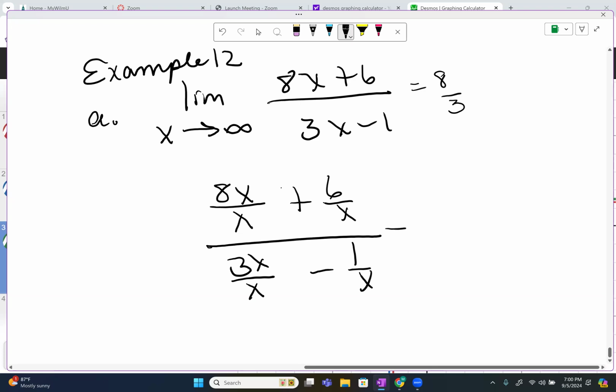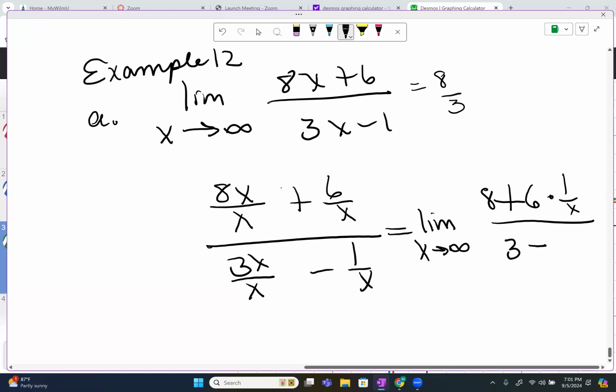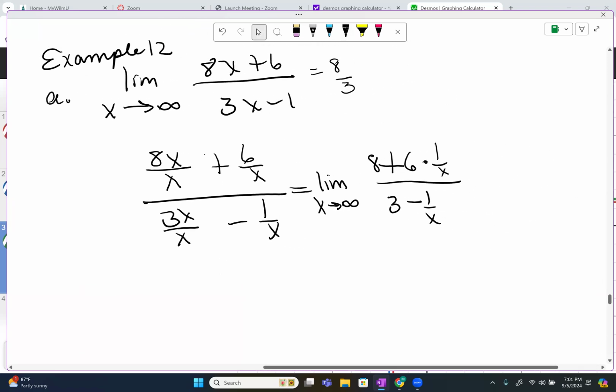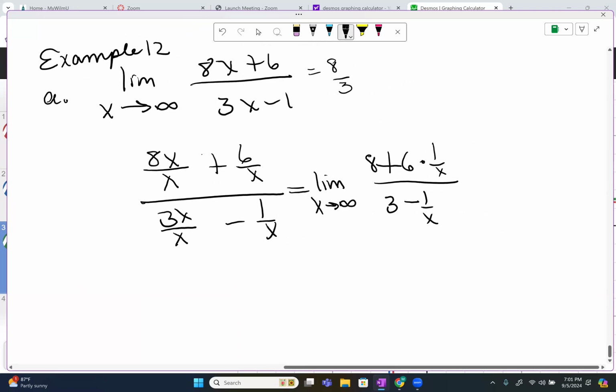So this is the limit as x reaches infinity of 8 plus 6 times 1 over x, and this is over 3 minus 1 over x. So obviously what's left is 8 over 3. So you end up with 8 plus 0 over 3 plus 0. Hence 8 over 3.